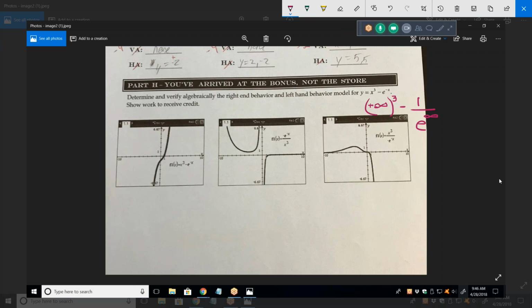The right-hand end behavior means as x goes to infinity. So I'm going to find the limit of that function as x goes to infinity. That's what right-hand end behavior means. It means the limit of x cubed minus e to the minus x as x goes to positive infinity.